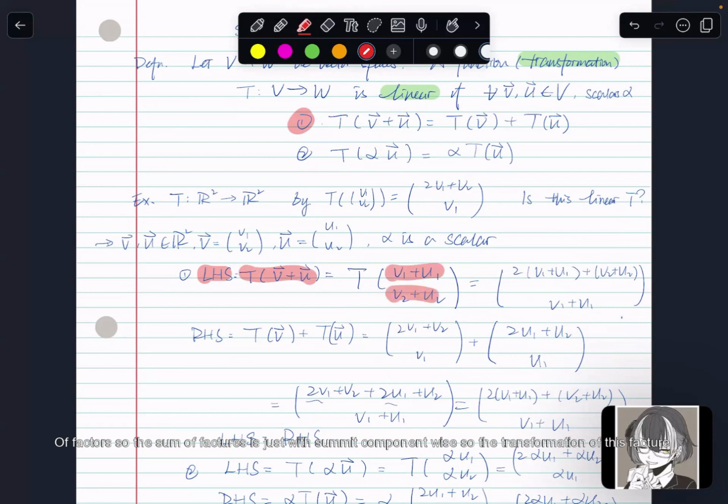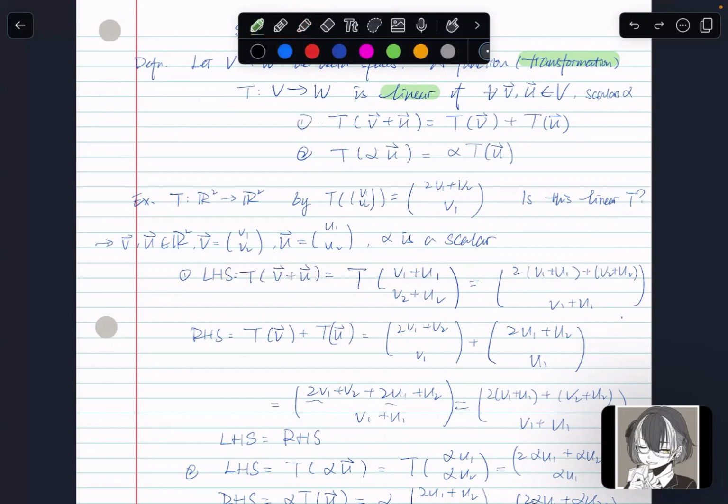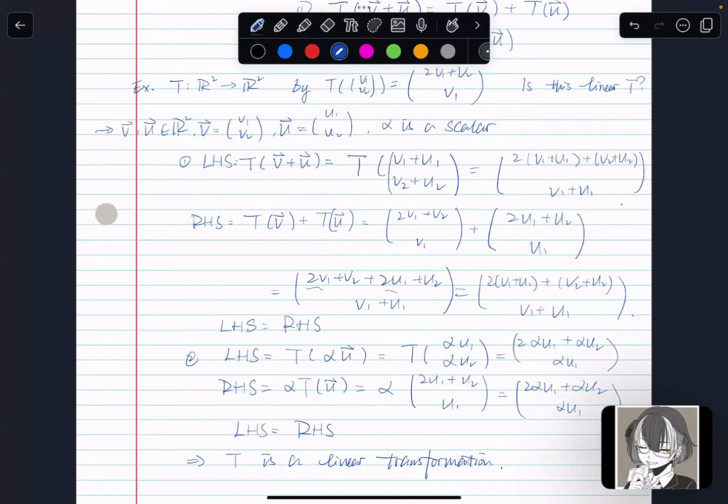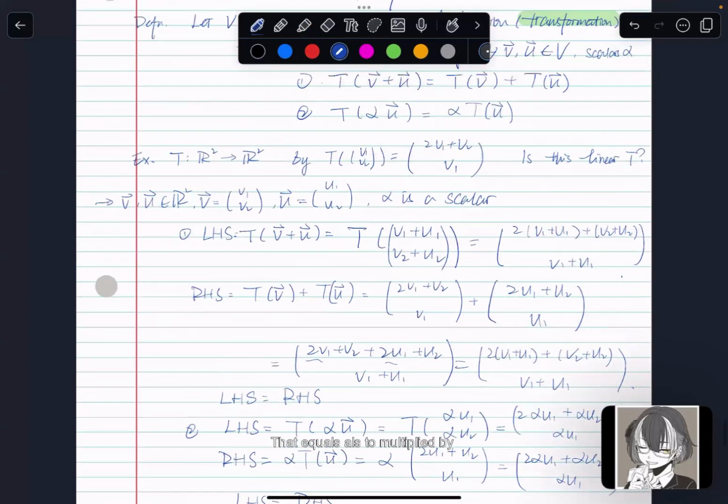So the transformation of this vector equals 2 multiplied by the first component plus the second component, and on the bottom is the first component. The right-hand side: first we find T of V, then T of U, and then sum them together.